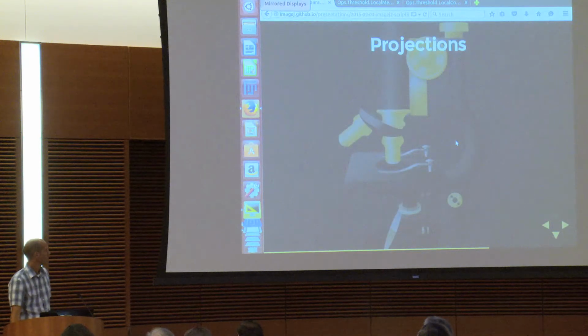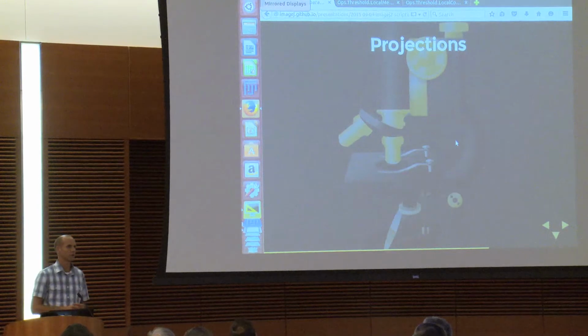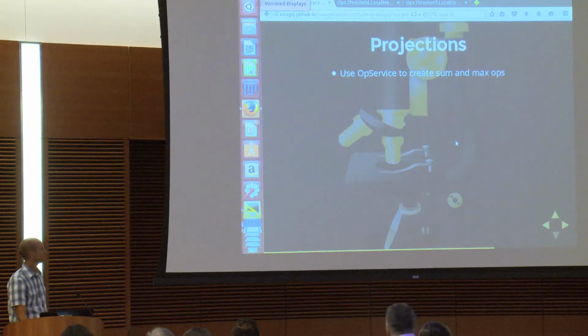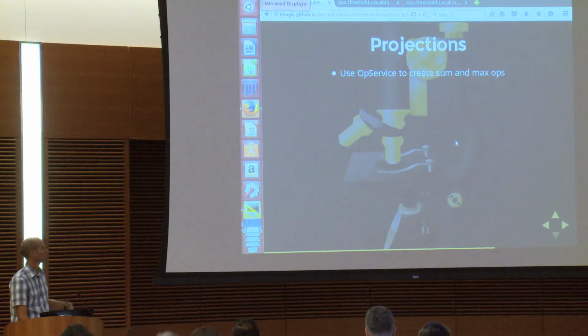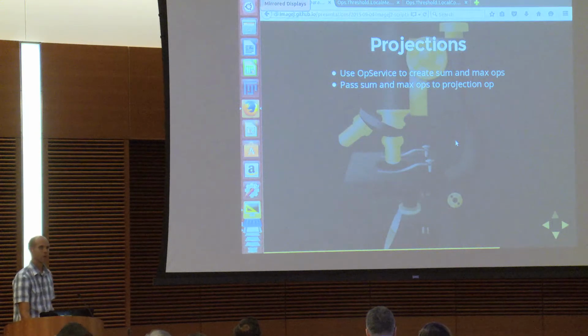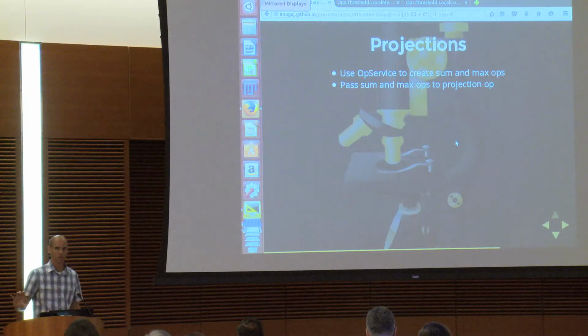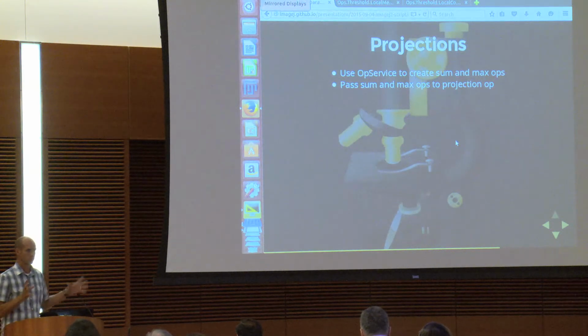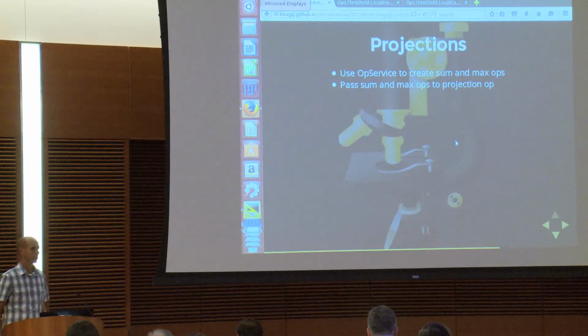So the next example we're going to do is projections. It's another one of these more advanced examples, where we're going to create ops, and then pass the ops to the projection op. A projection just reduces the dimensionality of a data set, but you need a strategy.